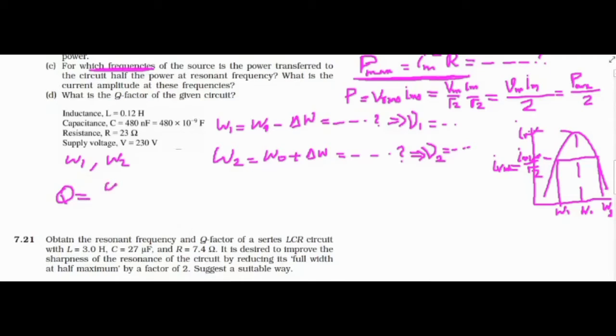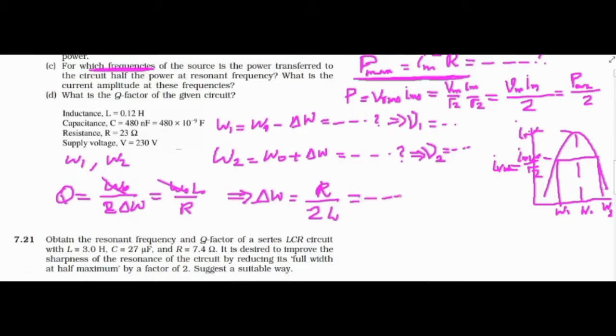Quality factor Q is equal to omega naught divided by 2 delta omega, and also omega naught L by R. Omega naught is cancelled there, so from this equation you will get delta omega is equal to R divided by 2L.